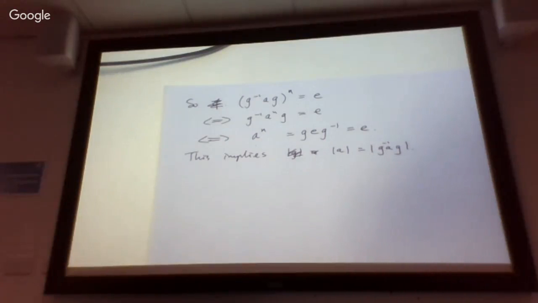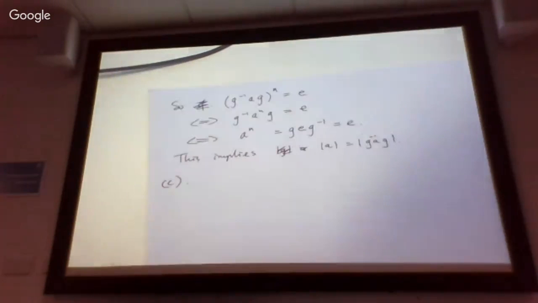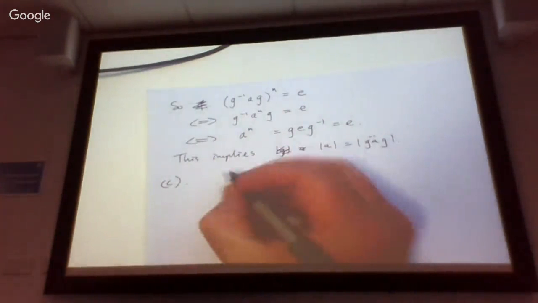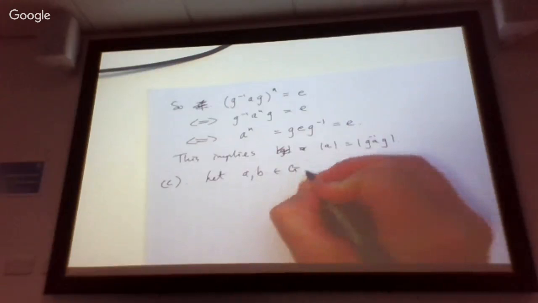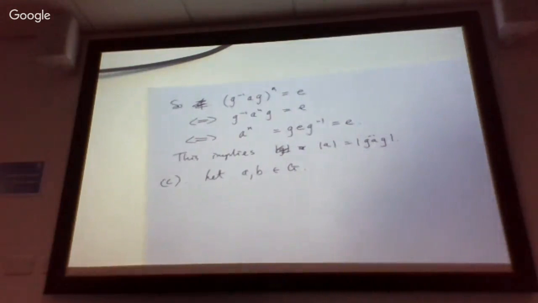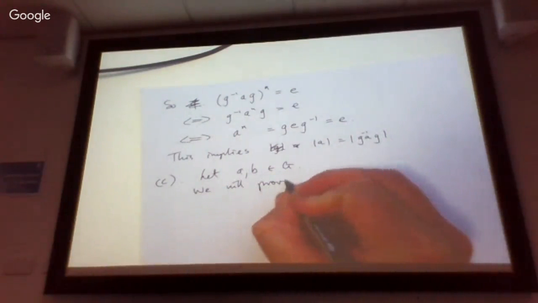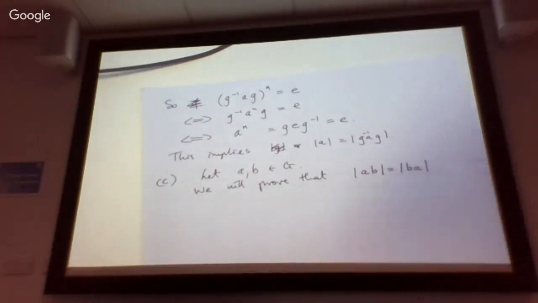So if A to the power n is equal to the identity, that's the same as saying that G inverse AG to the power n is the identity, and that's the same as saying that G inverse A to the n times G is equal to the identity.